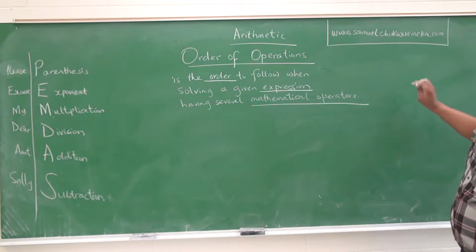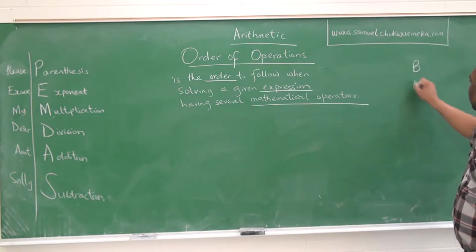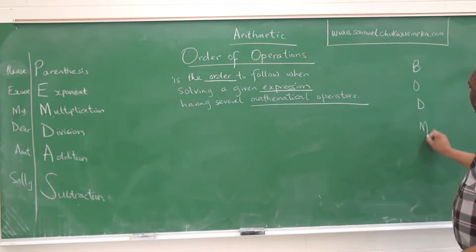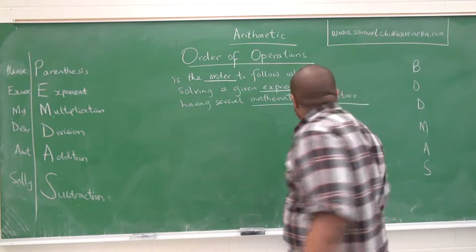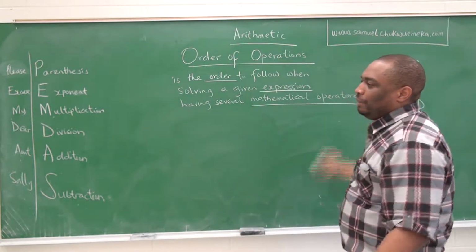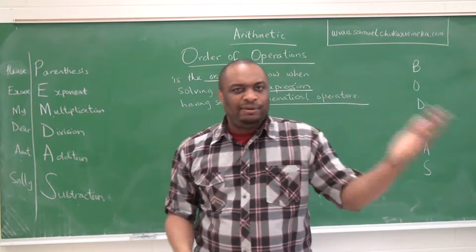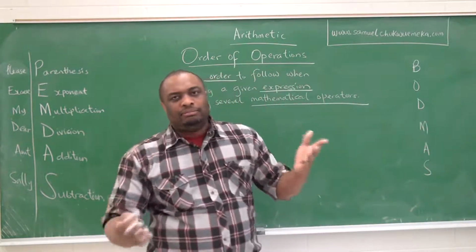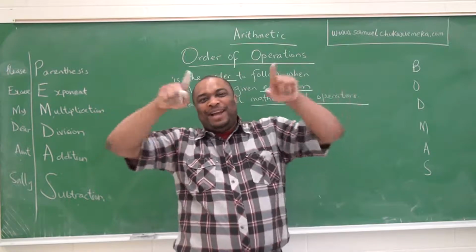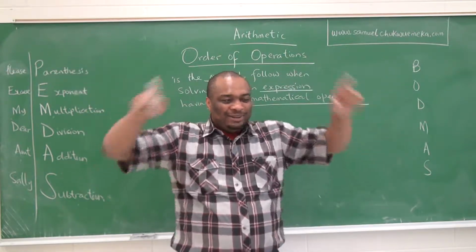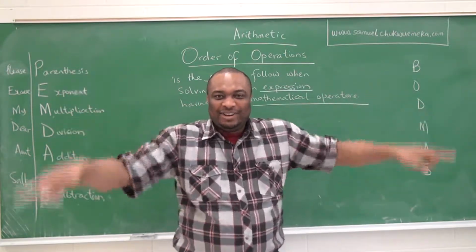Now, in Nigeria, we use BODMAS. That was the popular thing we learned when I was growing up. B means bracket. Here in America, parenthesis is different from bracket: the parenthesis is the circular one, and the bracket is the one with rectangular ends.